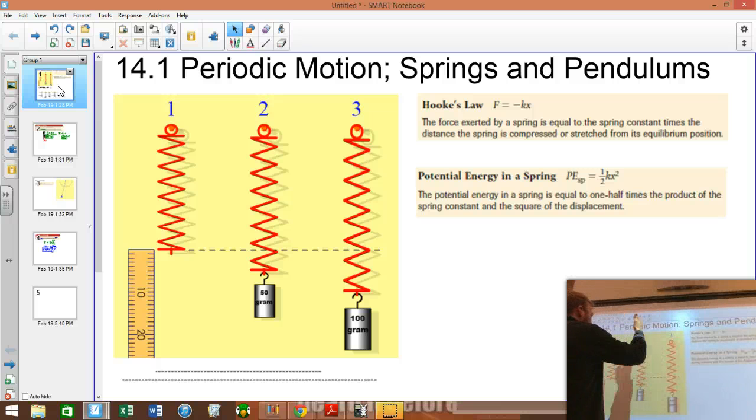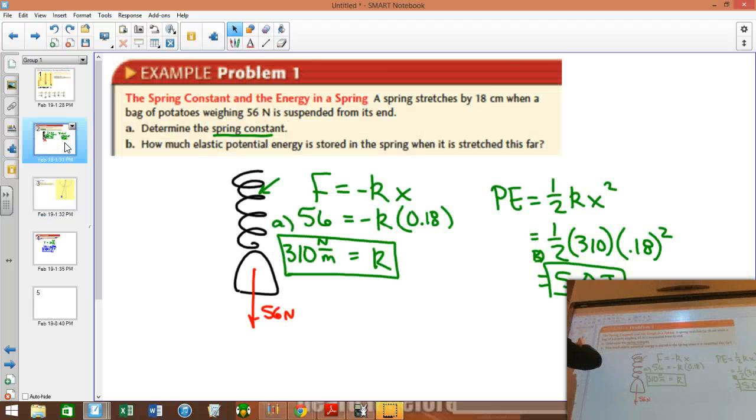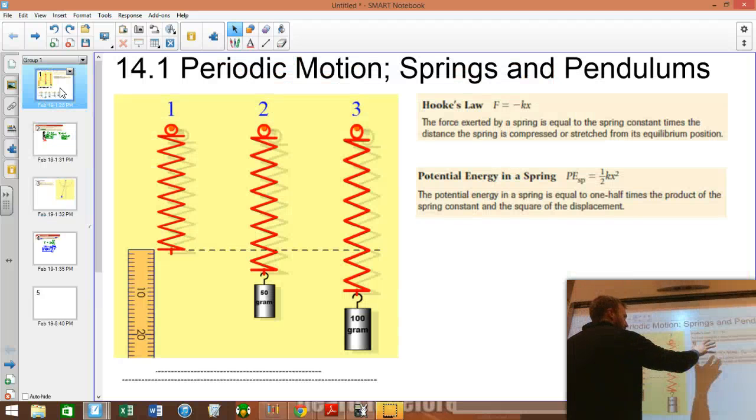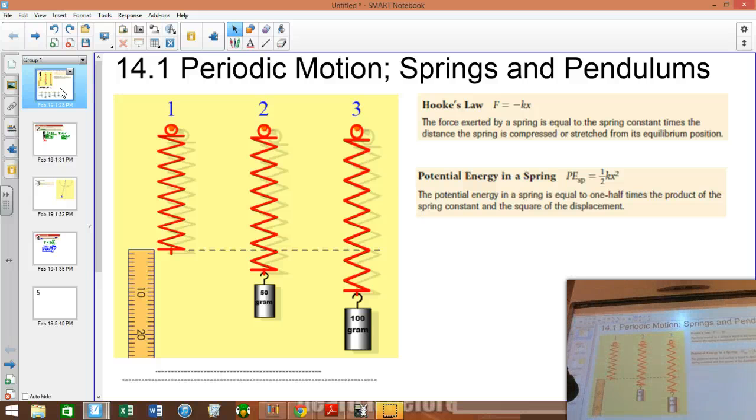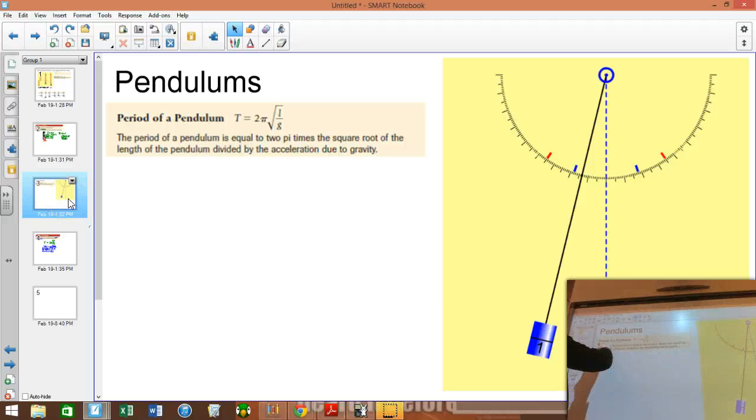Periodic motion means motion that repeats itself over a certain period, like springs bobbing, pendulums swinging. We can find springs through Hooke's law, and you can find pendulums through, I don't know what the name of this law is, it's just an equation that dictates the period of a pendulum.